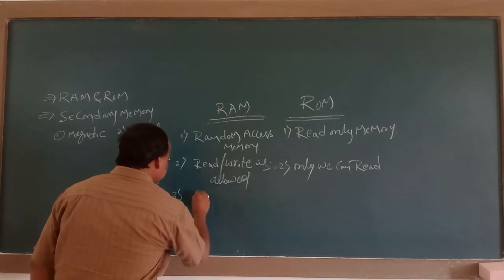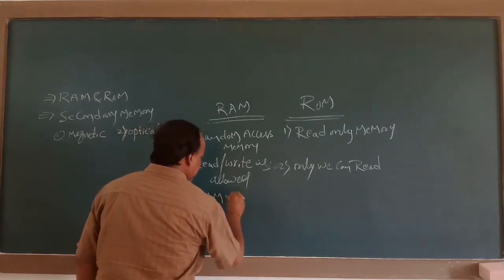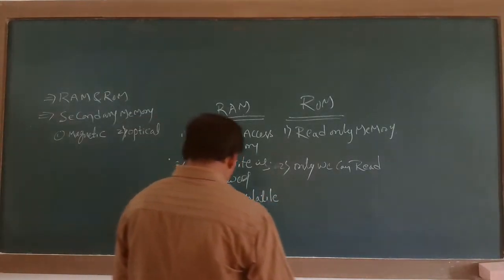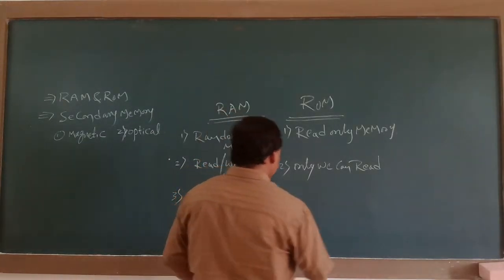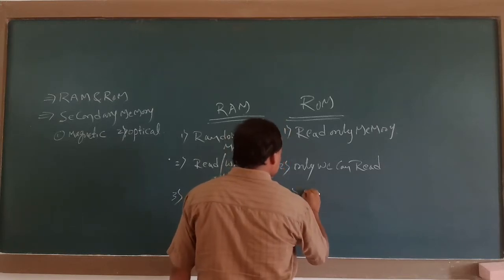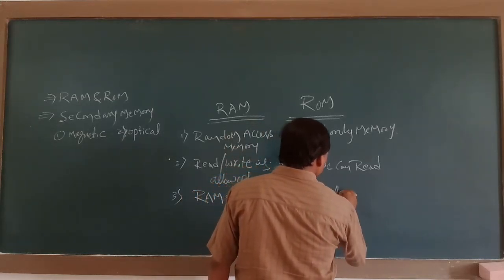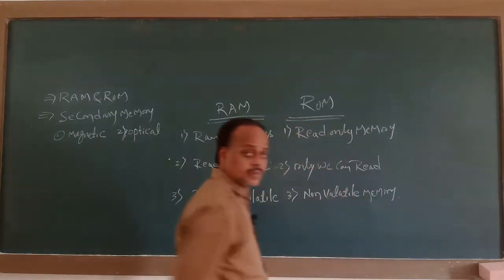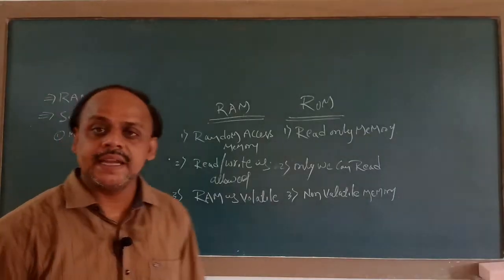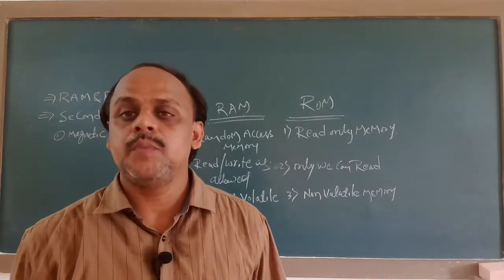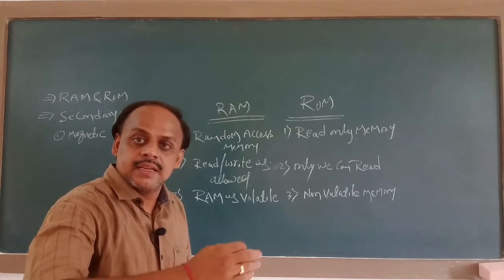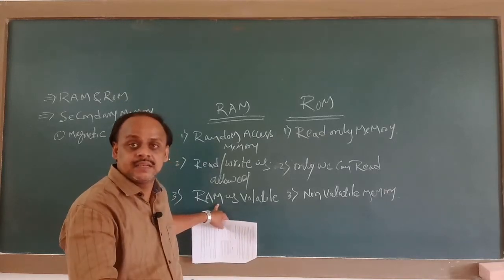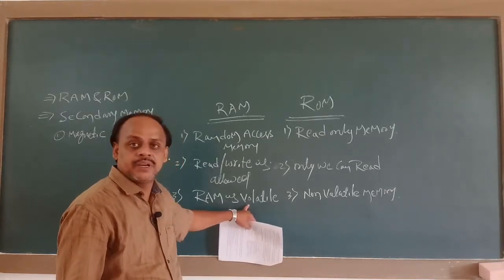Okay. And the third point, what can we write? RAM is volatile, whereas ROM is non-volatile memory. RAM is a volatile memory, ROM is a non-volatile memory. It means whenever the power goes off, automatically the content of RAM is erased, and that's why this is called volatile memory.